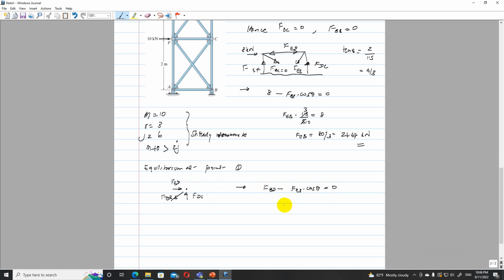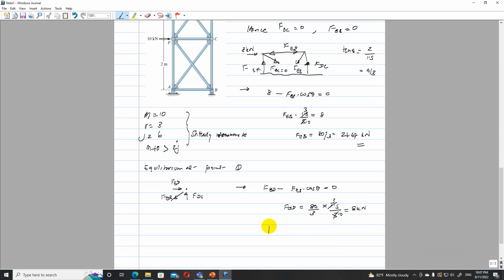So FED is, FEB is 80 over 3, cos theta is 1.5 over 5. So that becomes 8 kilonewton FED.